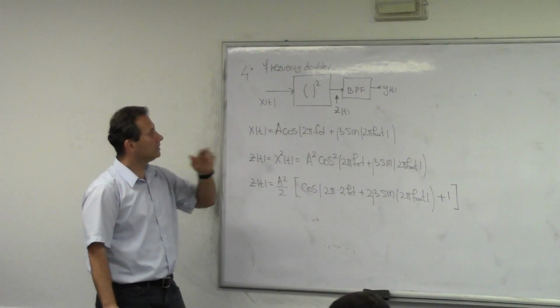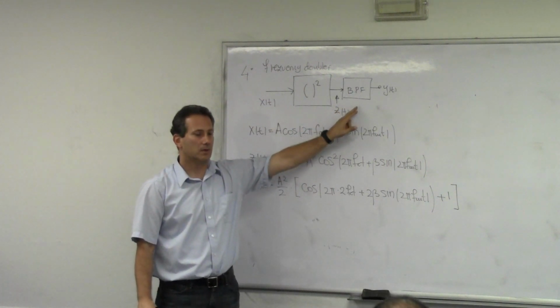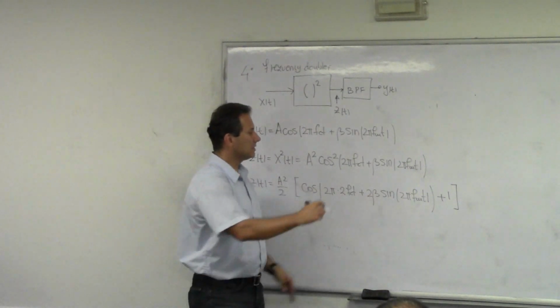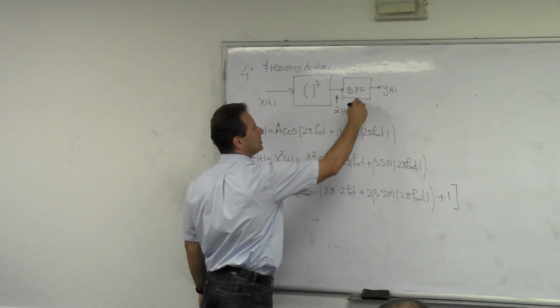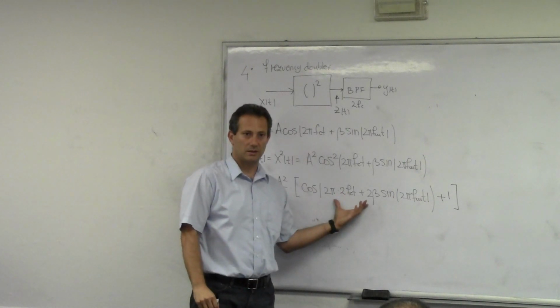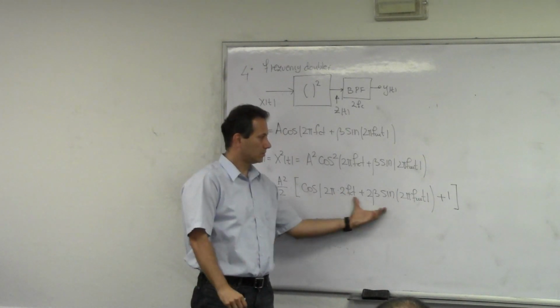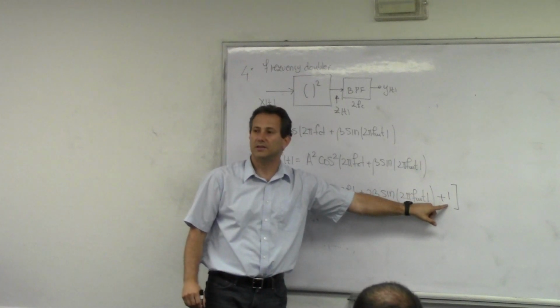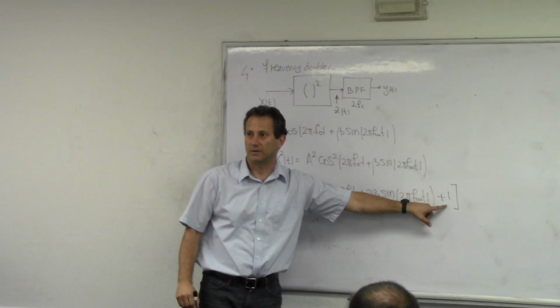So now, what will this band pass filter do? It will be centered around the frequency 2fc, and it will let the modulated part of the signal go through. It will reject the DC signal.